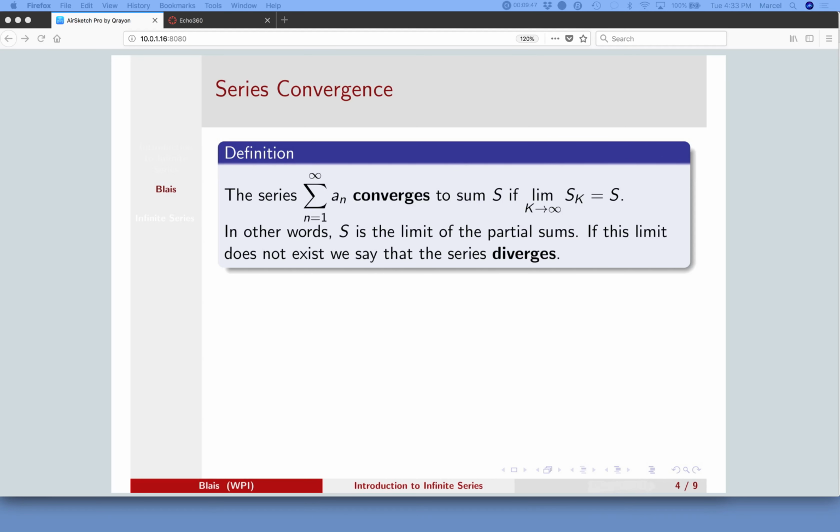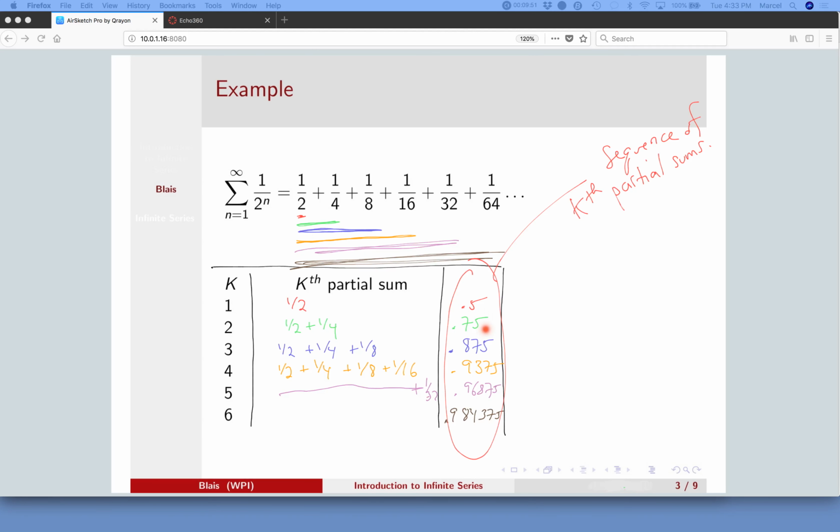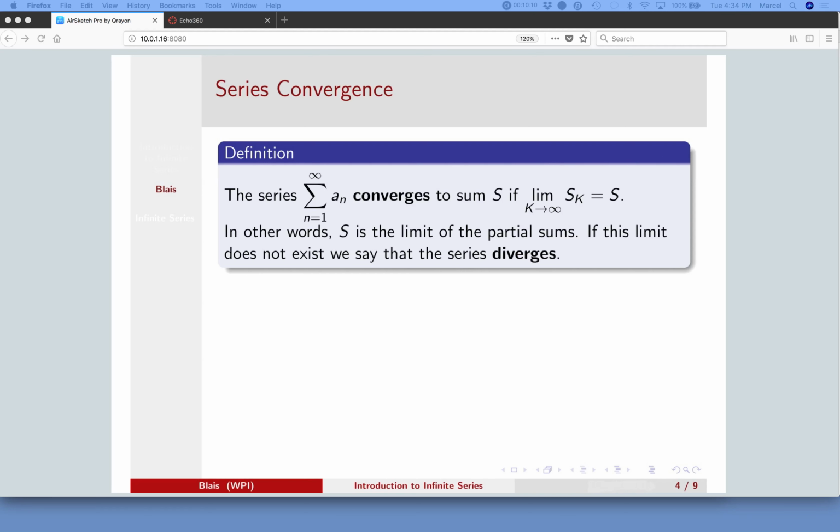Again, it all comes down to this idea that as you move down the list of Kth partial sums, if the series in fact converges, you should be honing in on the value of that series, what the actual sum of infinitely many terms is equal to. So this is the idea.